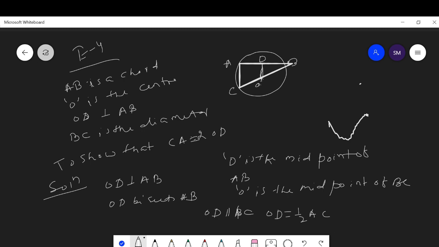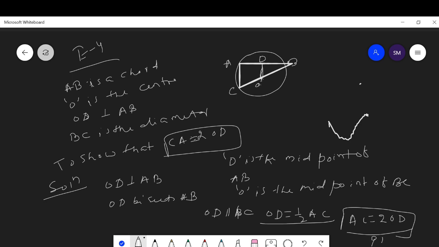This means OD is equal to half of AC, which shows that AC is equal to 2 times OD. Here we have to prove this. Okay, then proved.